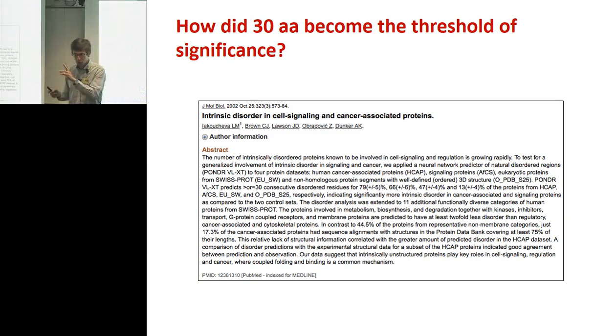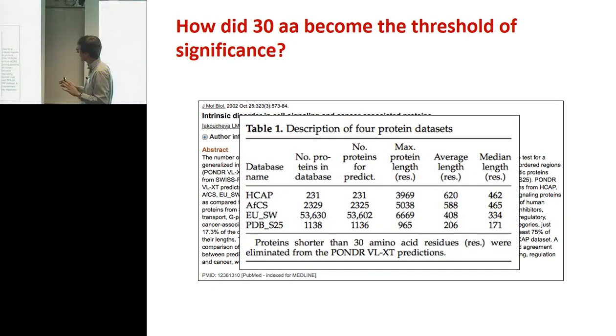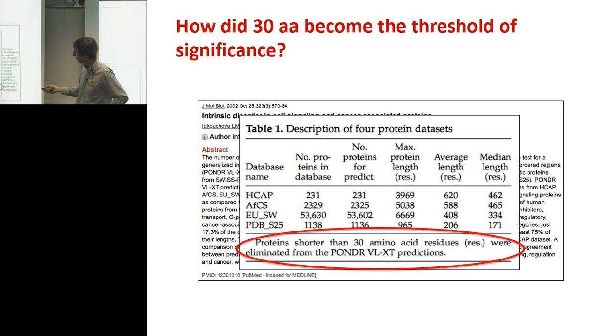Yes. But let me show you the comparison he does where he draws the threshold, because this is interesting, and you can see how the definition comes in. They put the 4 protein data sets in here. Then they calculate the average length, the median length, and then the maximum length. And one thing that they do, which is very awkward, is that they remove from the system any proteins that are shorter than 30 amino acid residues.